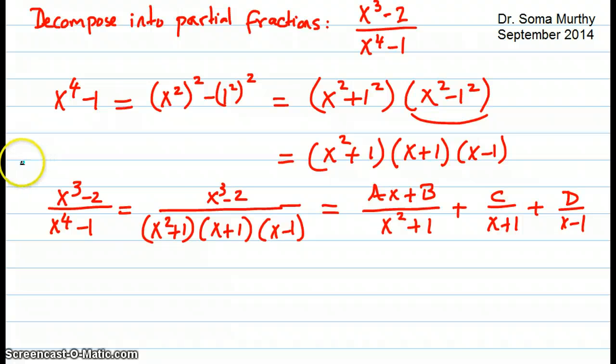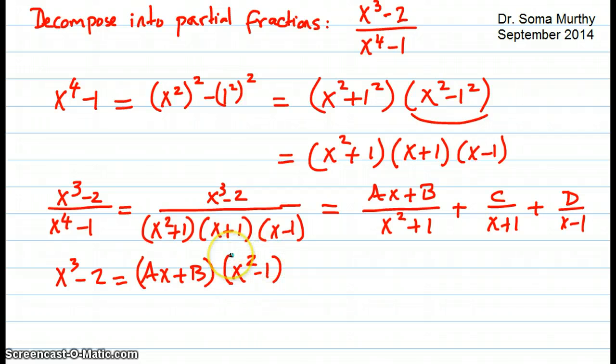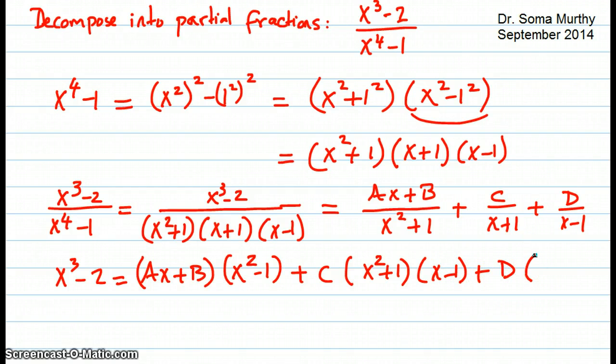If we multiply both sides of this equation by x to the 4 minus 1, we get x cubed minus 2 equals ax plus b times x squared minus 1 plus c times x squared plus 1 times x minus 1 plus d times x squared plus 1 times x minus 1.